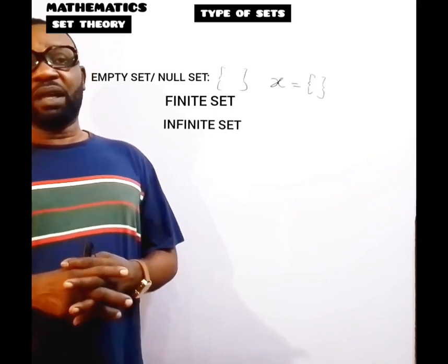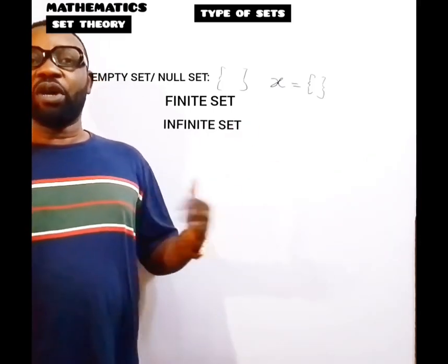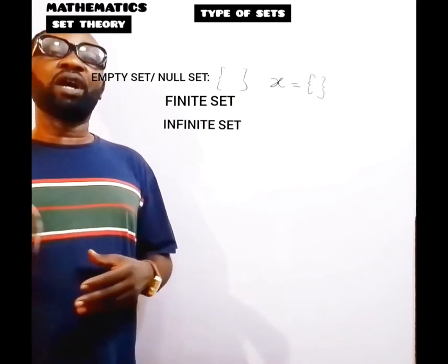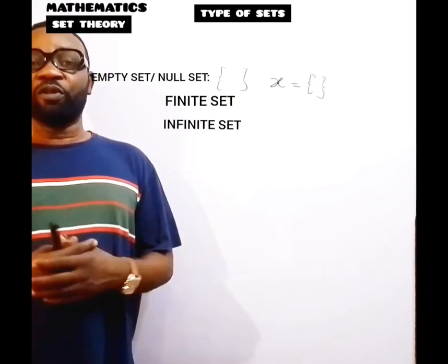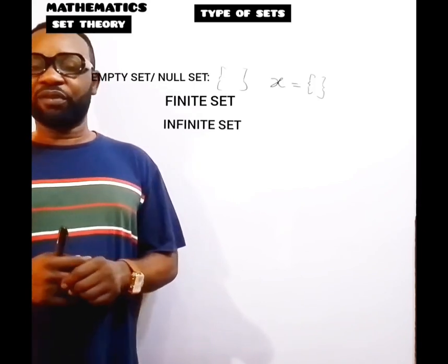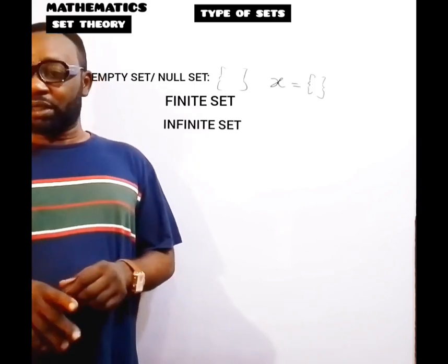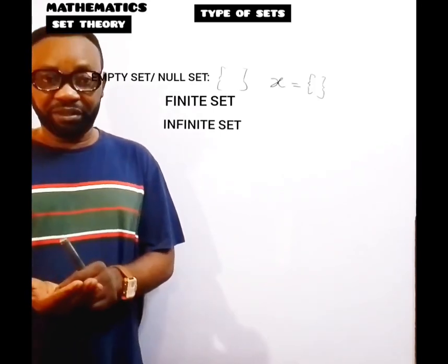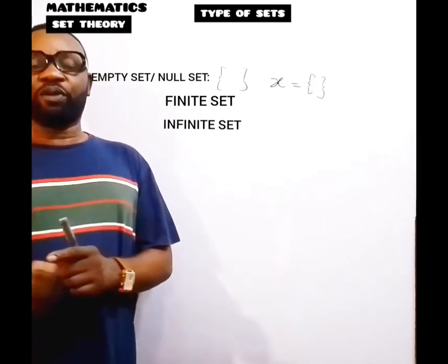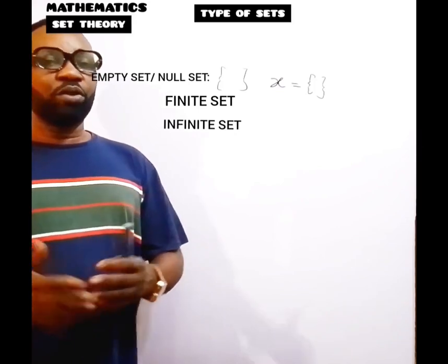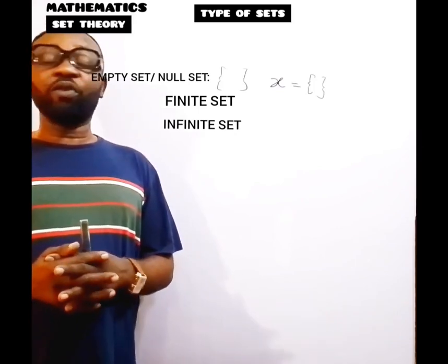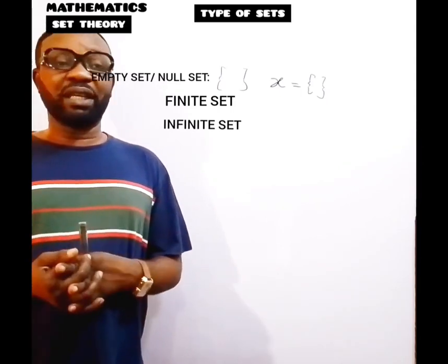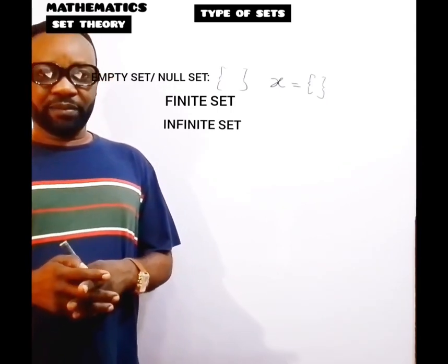When we are doing the counting, you will get to a value that you will say it is uncountable. Or you are asked to count the number of sand grains that you just picked up from the soil. You will find it very difficult, you cannot even count it. So we call it an infinite set.